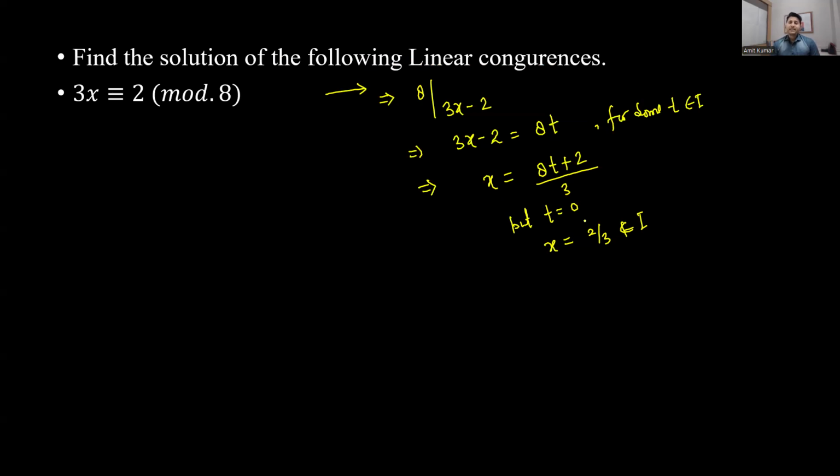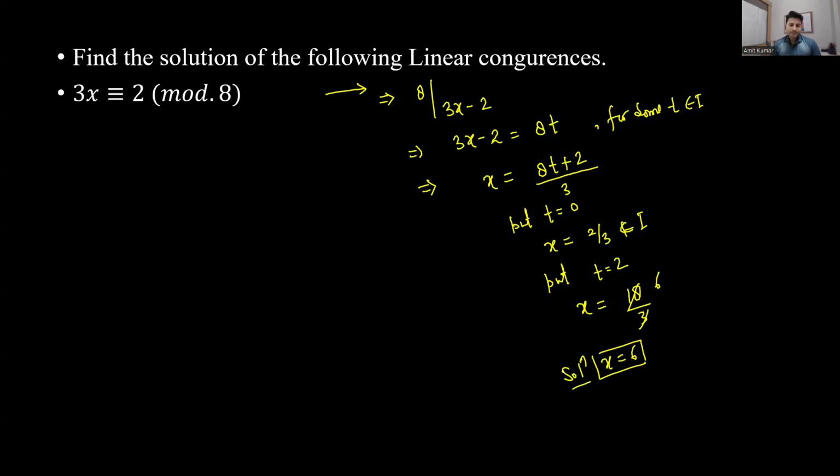In the same manner, if I put t equal to 1, it will be 10 upon 3, not an integer. Let us take t equal to 2. Then x is equal to (16 plus 2) upon 3, which is 18 upon 3, giving you 6 as an integer. So x equals 6 is the solution of this linear congruence.